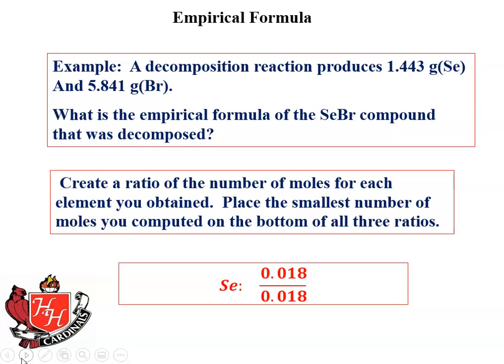So you just create a ratio of 0.018 over 0.018. The smallest one is always going to be its number of moles over its own number of moles. It's always going to be 1 to 1. And then bromine is 0.073 over the number of moles of selenium, 0.018.